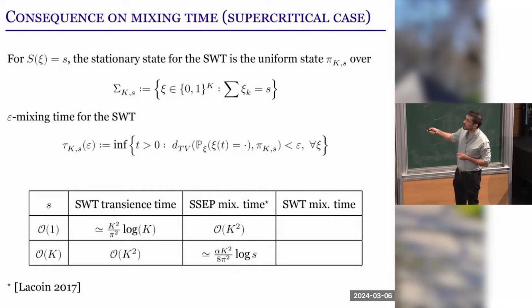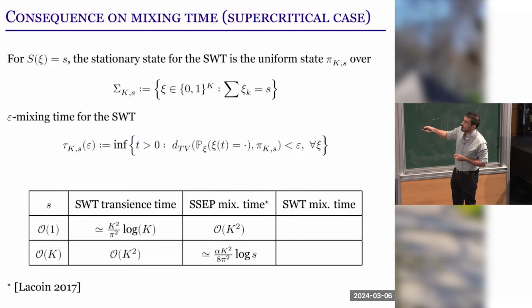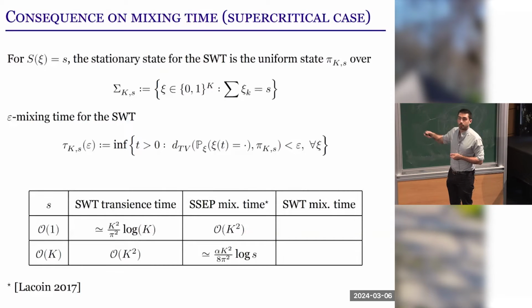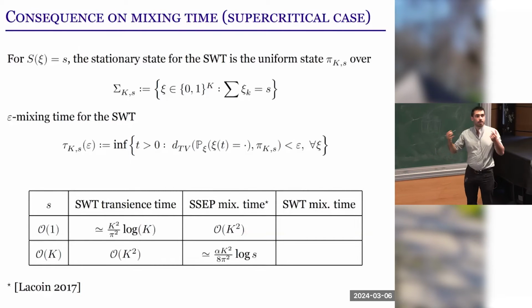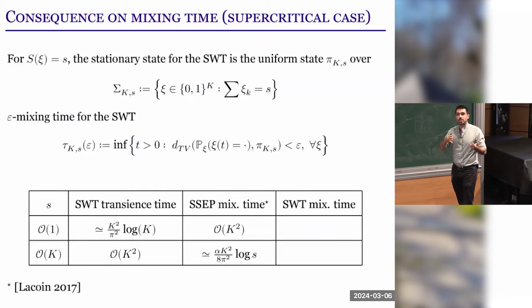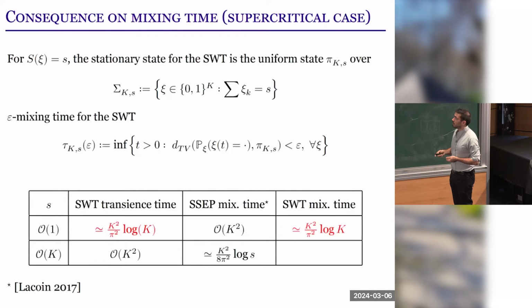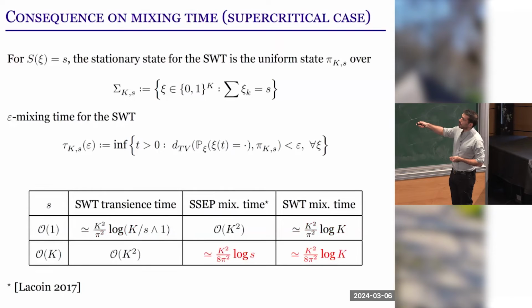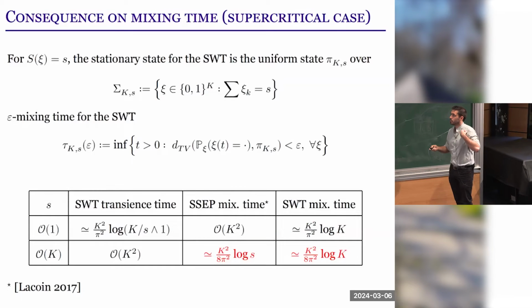So the mixing time is long, k squared log k, but the transience time is short. So you have this balancing out between transience time and mixing time, which we found interesting. The mixing time for the SSEP is very well known, and in this case the result we use comes from an article by Hubert Lacroix in 2017.